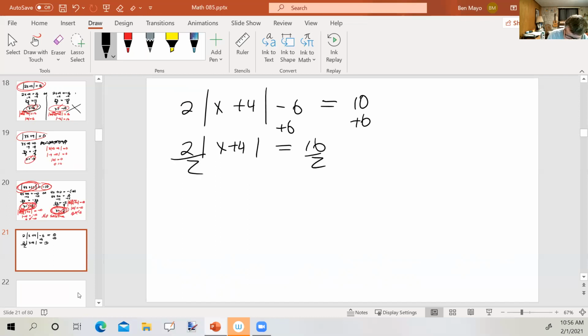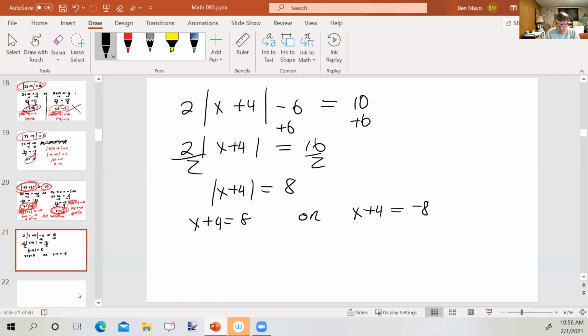Divide both sides by 2. And then I'll split it up into what's inside equals what's outside, or what's inside equals the opposite of what's outside. But you've got to isolate that absolute value before you split them up. Otherwise, things don't work out so well.